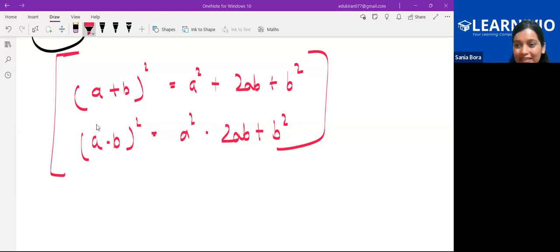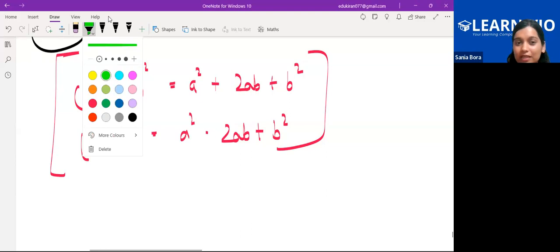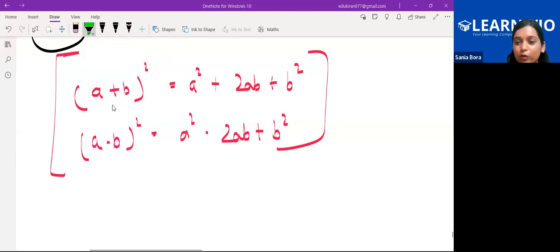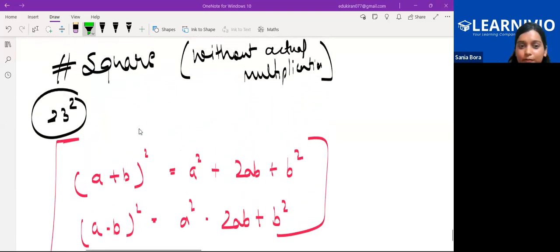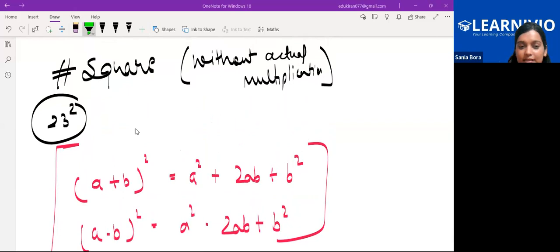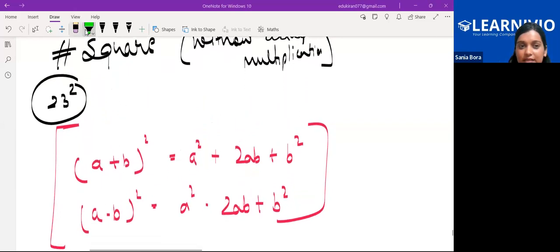But this is square and square root, that's why I've written only two identities. Later I'll give you 4 or 5 identities. I will train you from here so that you can perform well there too. I hope everybody has written. Should I erase this? Yes, ma'am.